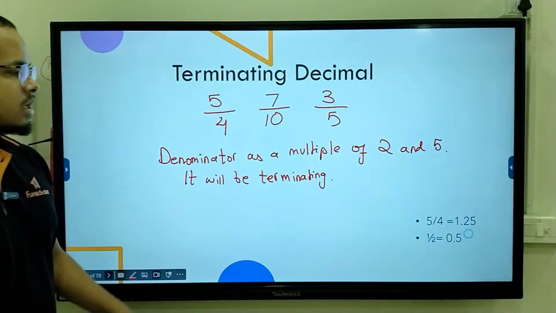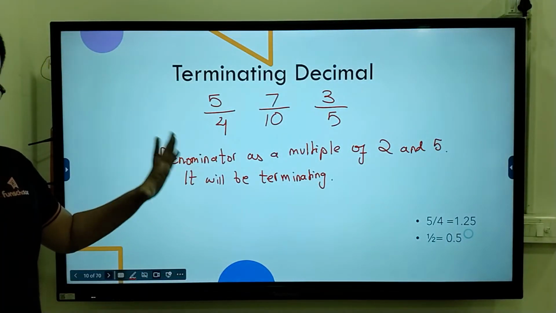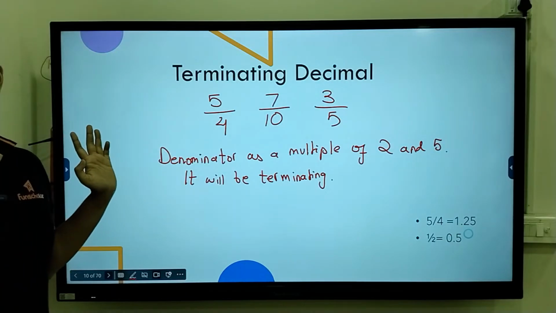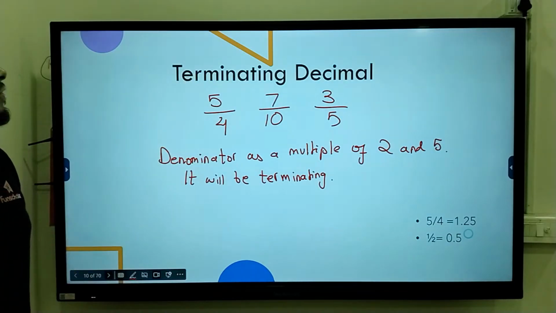Terminating means that the answer will be in decimal, that is true, but it will end. Let us take an example for all of these.